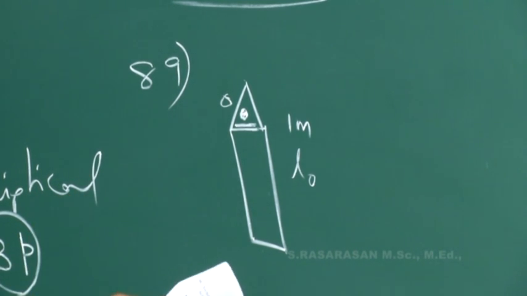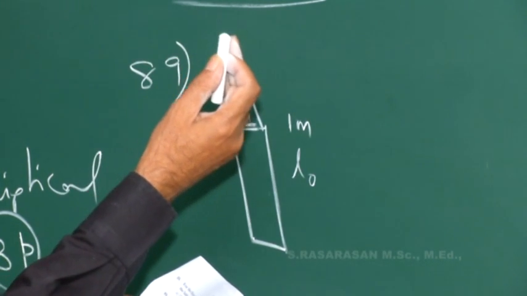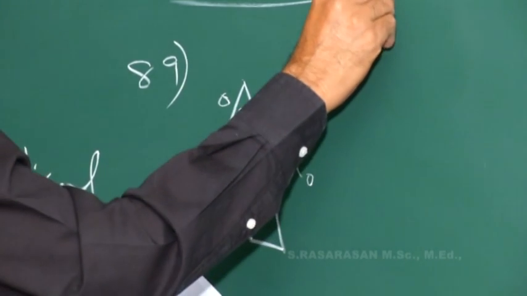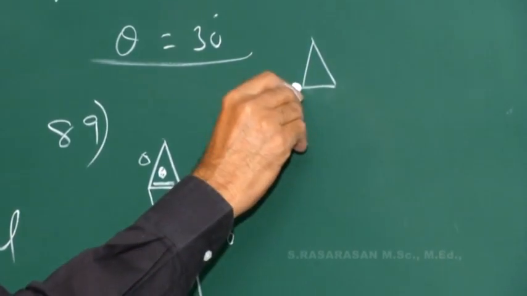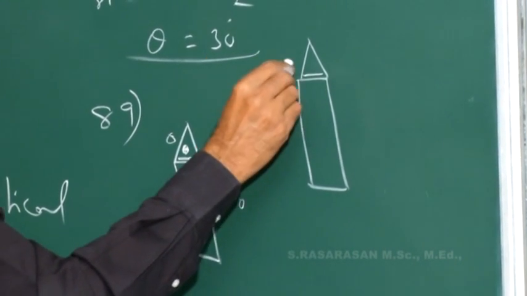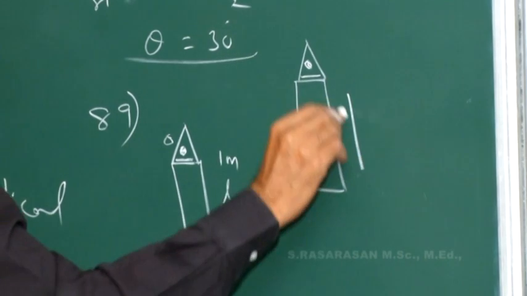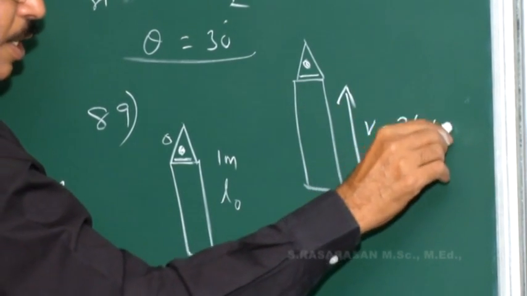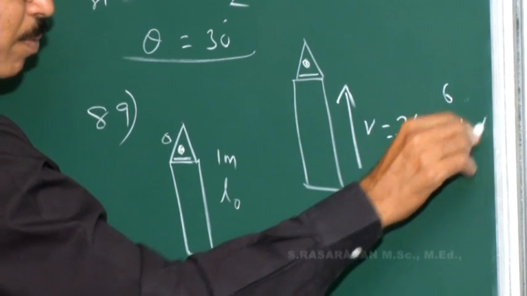Now the second step: the rocket moves with the speed of 36 × 10⁶ km/h. The rod is in the rocket, the observer is in the rocket, and it is moving with speed v equal to 36 × 10⁶ km/h.